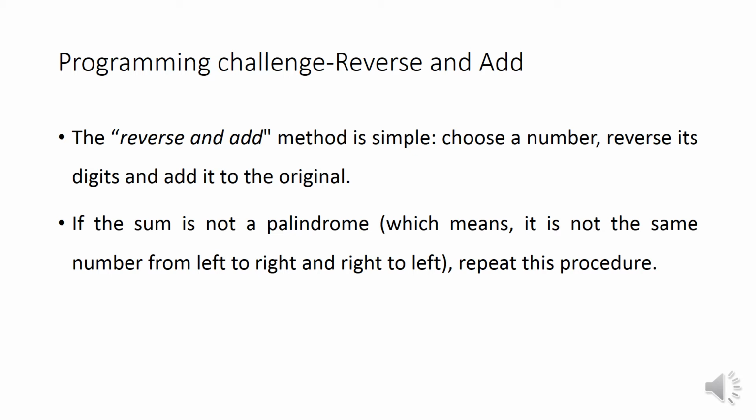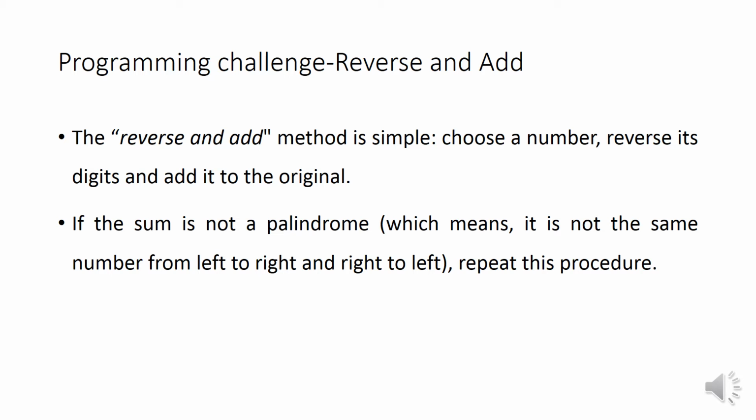The reverse and add method is simple. First of all, we choose a number, reverse its digits, and add it to the original number. Means what? 195, reverse it, 591, add it to the original, 195 with 591, and we get the output 786.